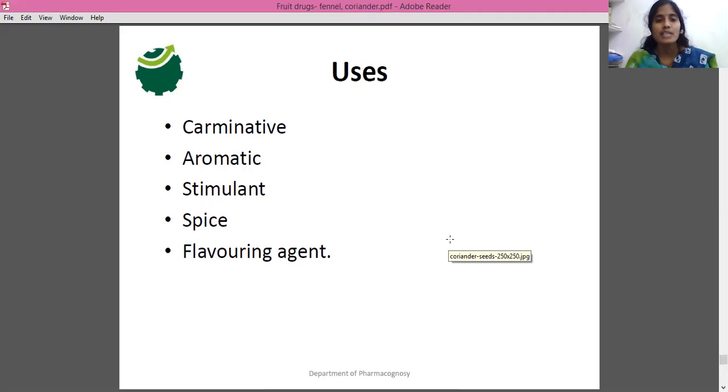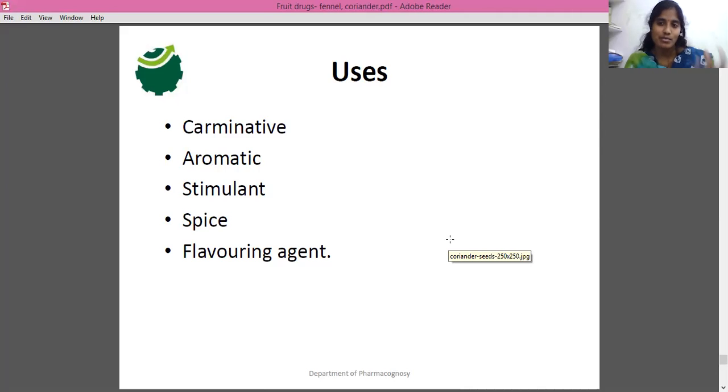Now the uses. Coriander fruits are used as a carminative because of the volatile oil, that means they expel the gas from the stomach. Because of the volatile oil, they are used as aromatic, flavoring agent, CNS stimulant, and spice. The most common use is spice. In everyday use, dhania powder is in every spicy dish.